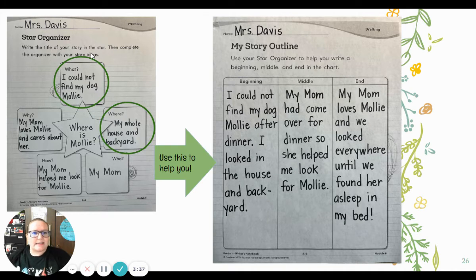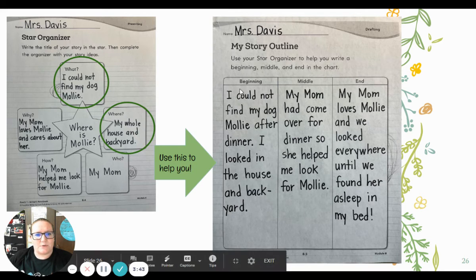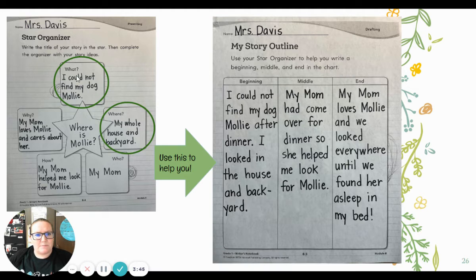Just like with our Kissing Hand story, what and where comes first in the beginning of the story. So I combined my what and where from my star organizer. I said, I could not find my dog Molly after dinner. I looked in the house and backyard. What and where? Got the problem.